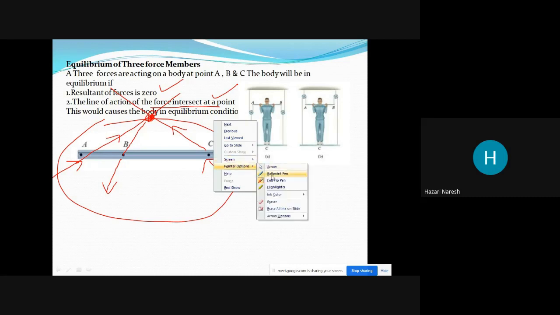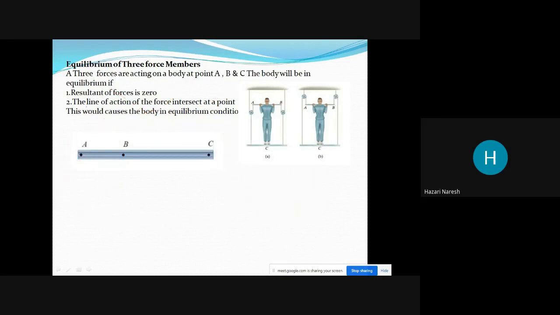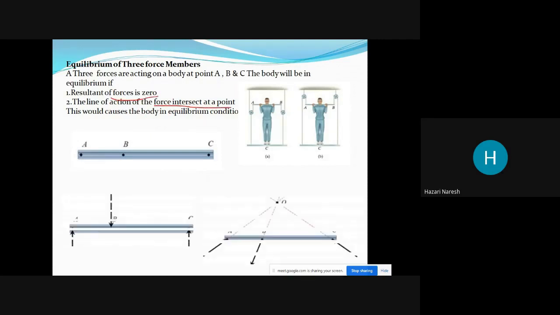Okay. Now see, the lines of action of forces intersect at a particular point and the resultant force must be 0. See this figure. So the first condition and the second condition. For the first condition, the forces must sum to 0, and that's okay here because all the forces are parallel, all parallel and coplanar.